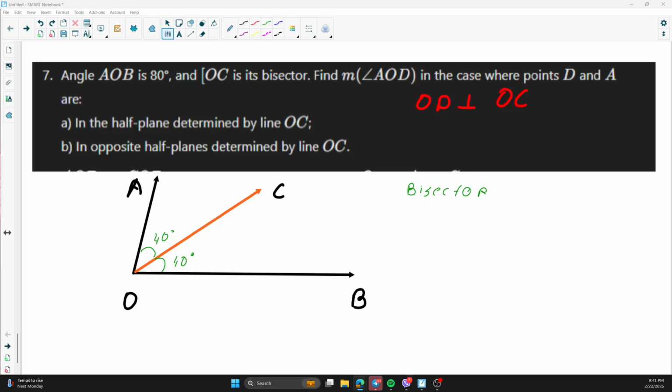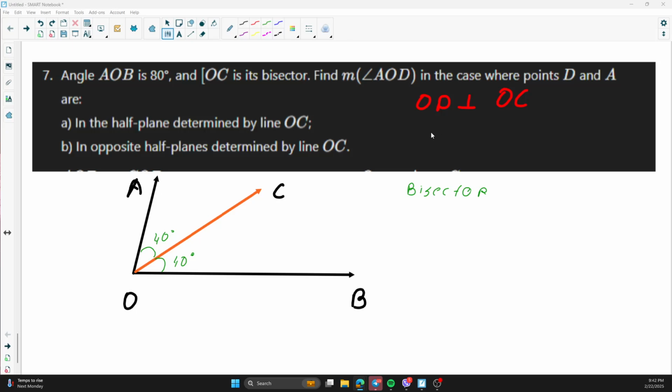Case B: D and A are on different sides of line OC. Trace your finger from A to D. Oh, hold on, I totally forgot, but OD is perpendicular with OC.